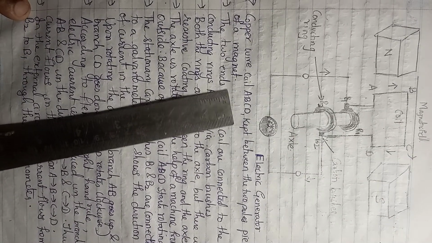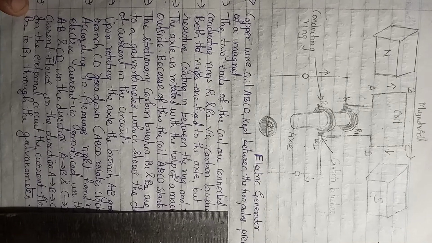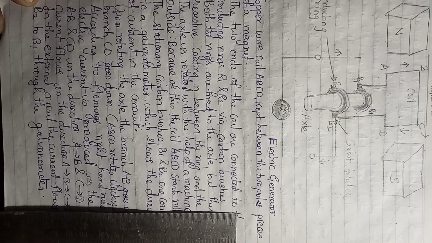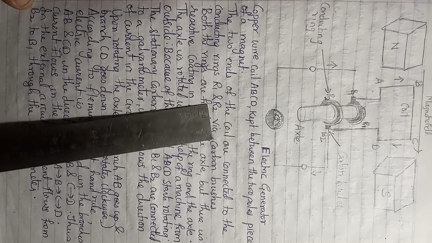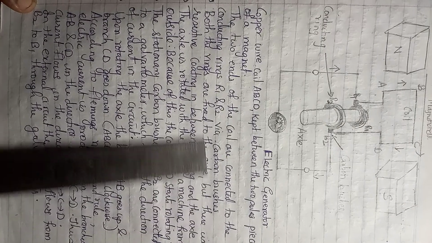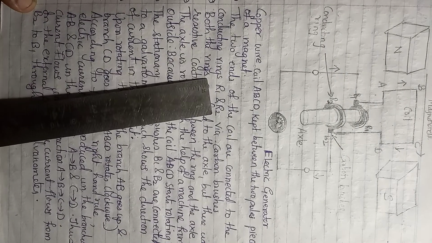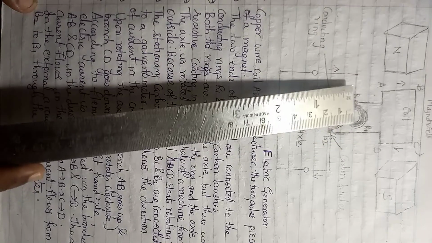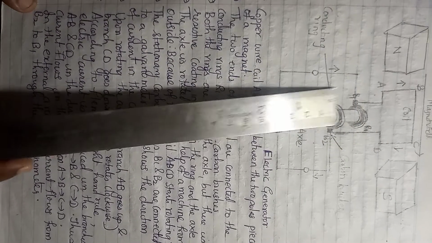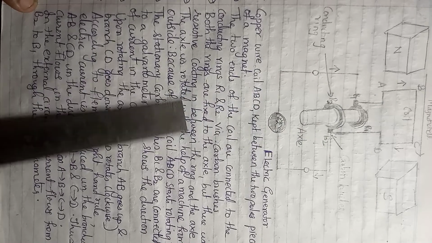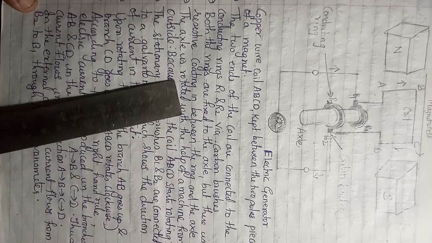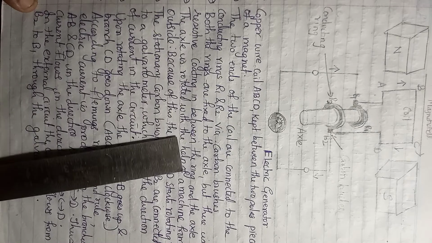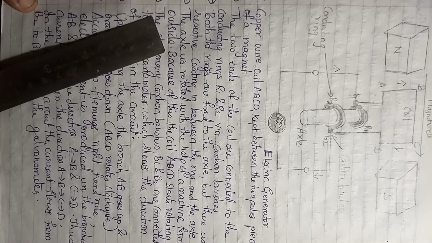A copper wire coil ABCD is kept between the poles of a magnet, that is between the North Pole and South Pole. The two ends of the coil are connected to the conducting rings R1 and R2. Both rings are fixed to the axle, but there is insulating coating between the rings and the axle.